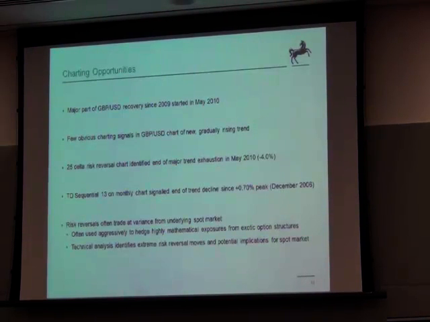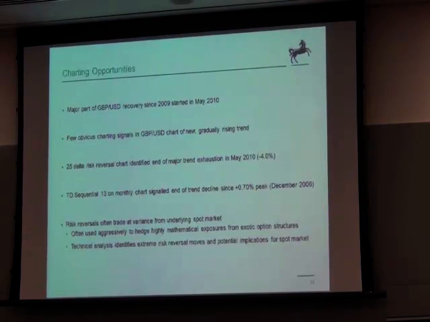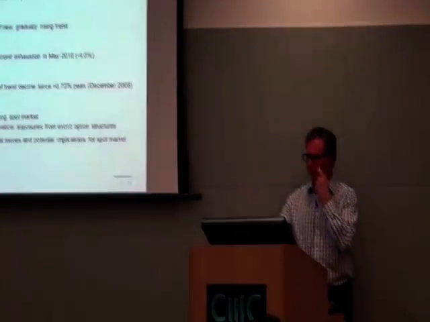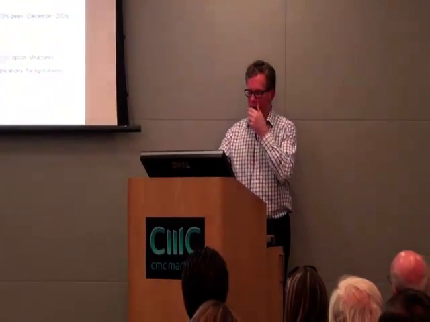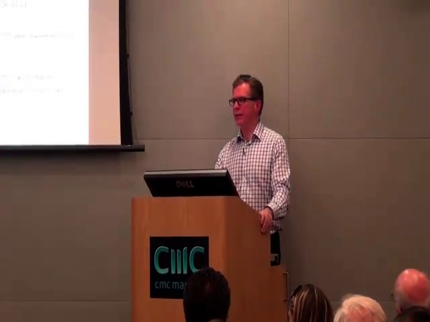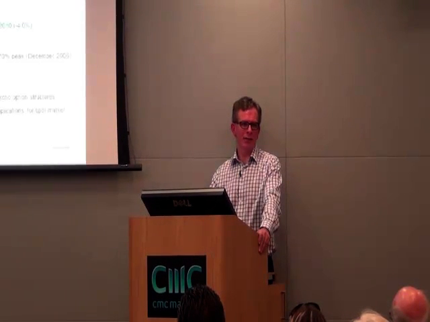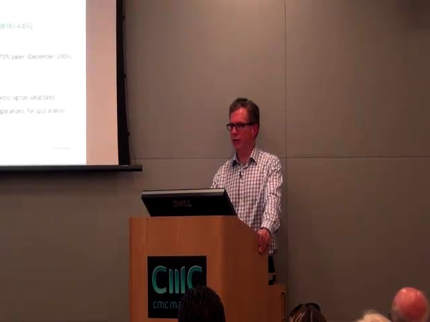Now, I'm not sure if you alluded to this earlier, but this is one of the aspects where risk reversals can give you an extra insight into what's going on in the underlying spot market. I did say earlier that for me, technical analysis is all about observing the sentiment in the market and working out what everybody else senses someone's going to do next.